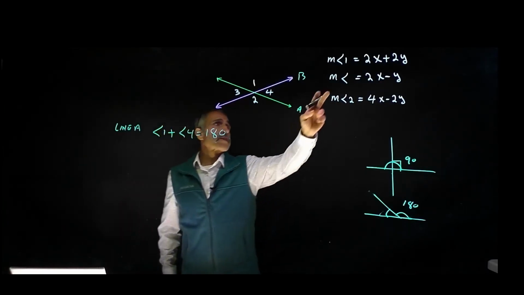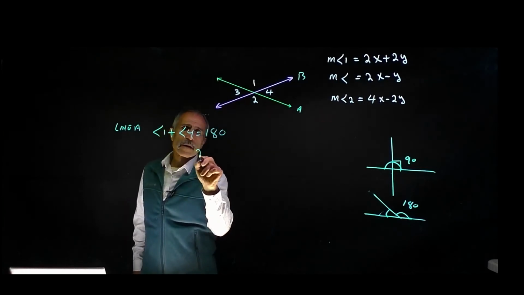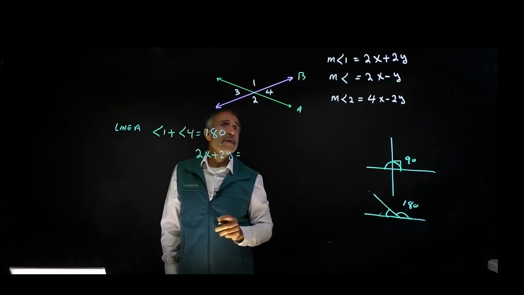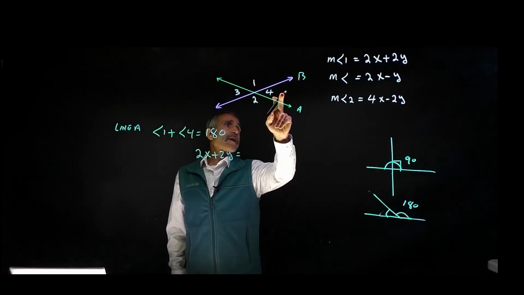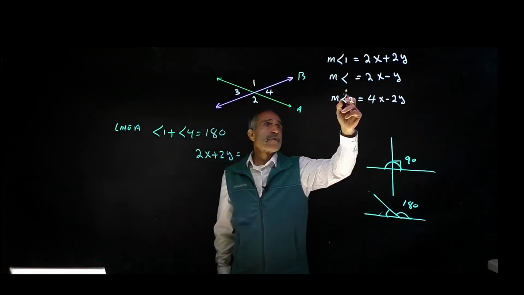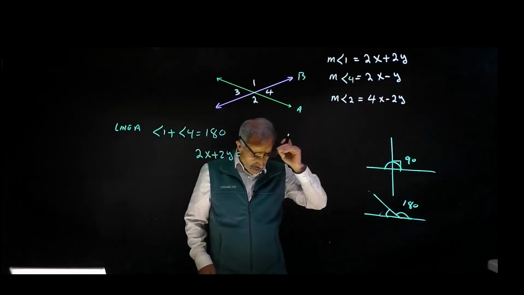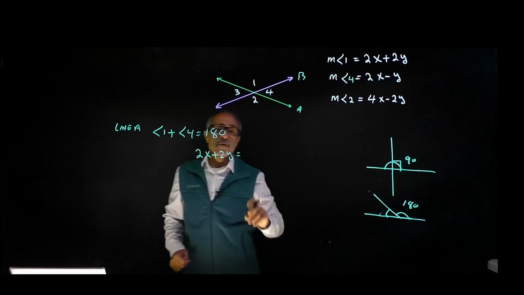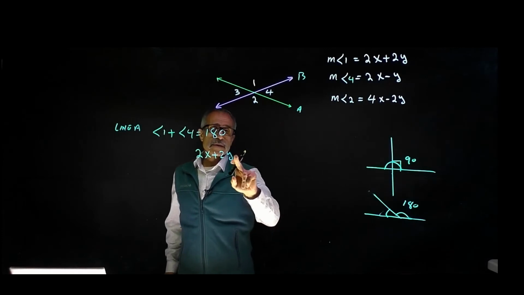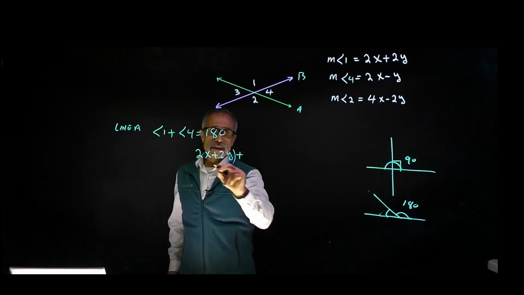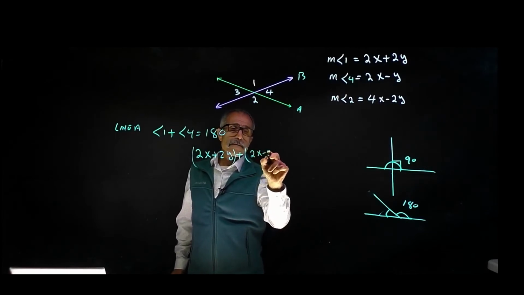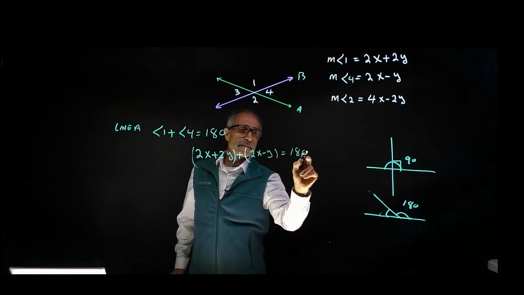So angle 1 was given to us as 2x plus 2y, plus angle 4, 2x minus y. That should give me 180 degrees.